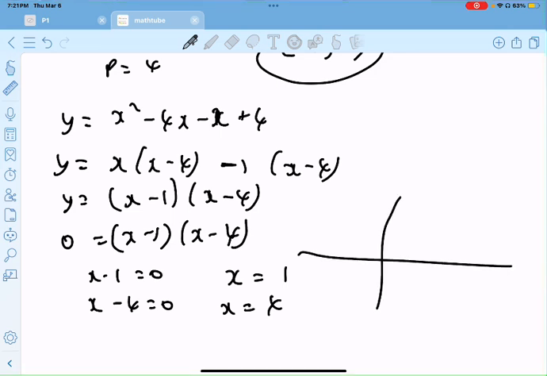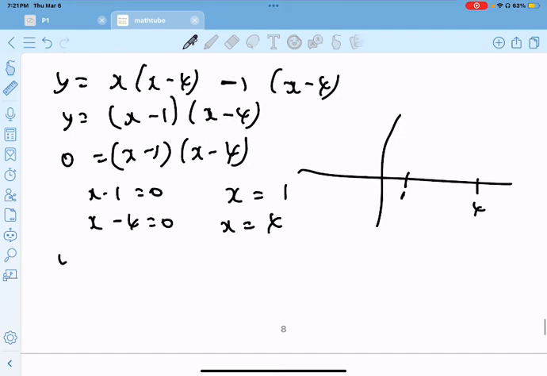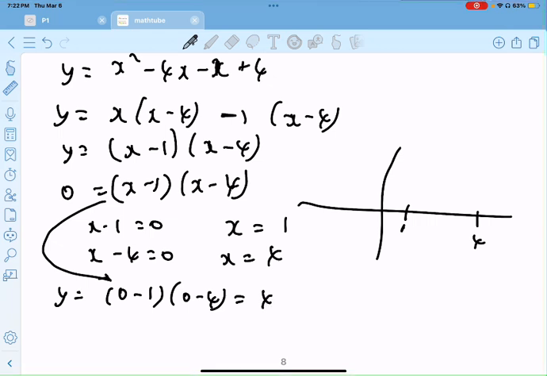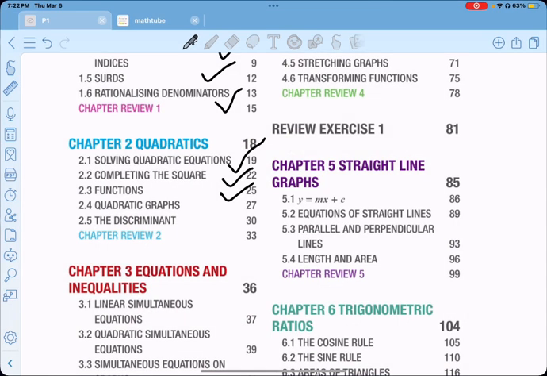That's our x-intercepts confirmed. How do we get the y-intercept? We'll make x 0, so y equals (0 minus 1)(0 minus 4), you get 4 as your y-intercept. So the graph is going to look like this. That's how we do that.